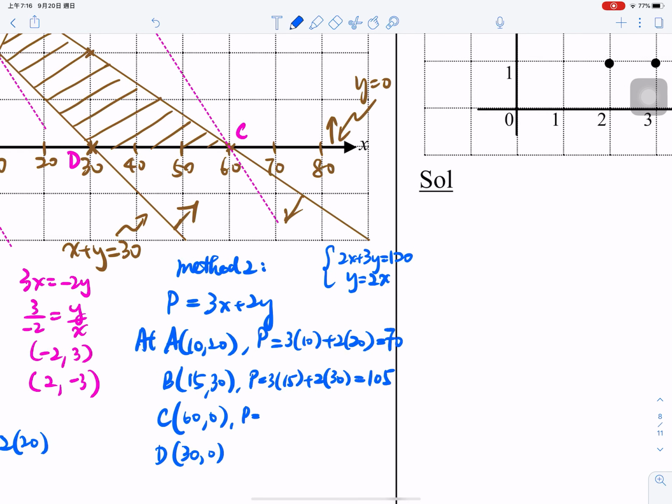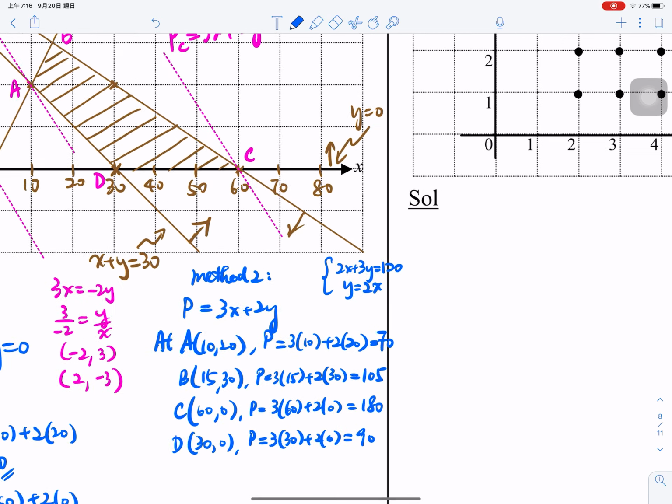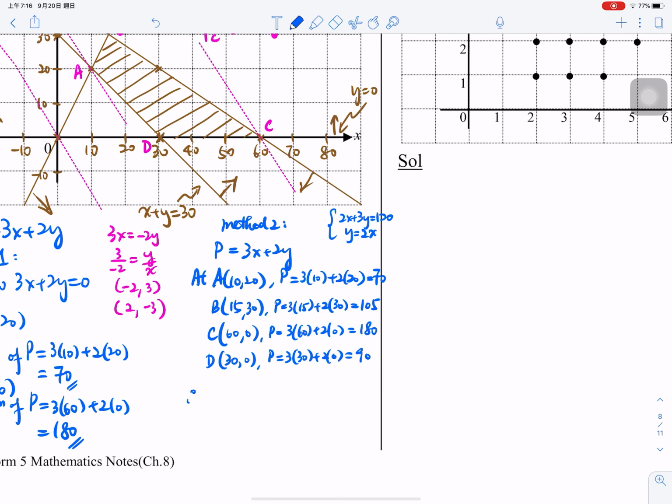Point C, 3 times 60 and 2 times 0, 180. D, 3 times 30 and then 2 times 0 again, 90. So as a result, the minimum of P is 70 and the maximum of P is 180. Clear?